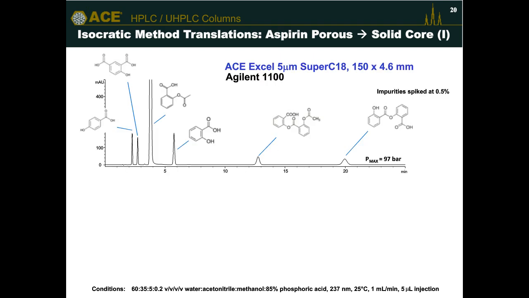So here's another isocratic translation that we'll go through quite quickly. We're looking at a fully porous C18 column, the Super C18 in this instance, on a standard HPLC system. And we've got a 20-minute runtime.